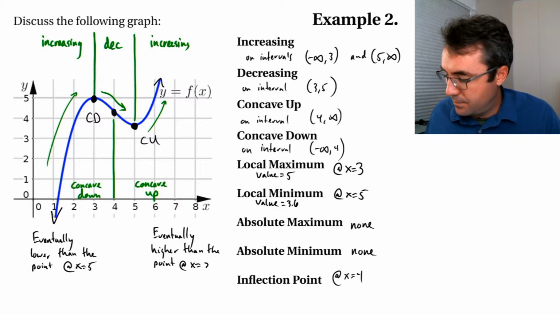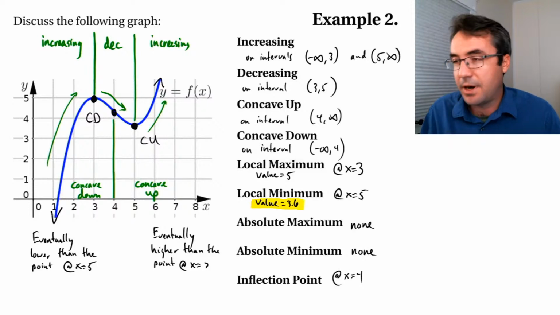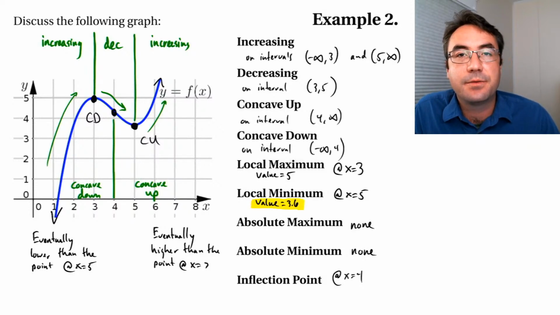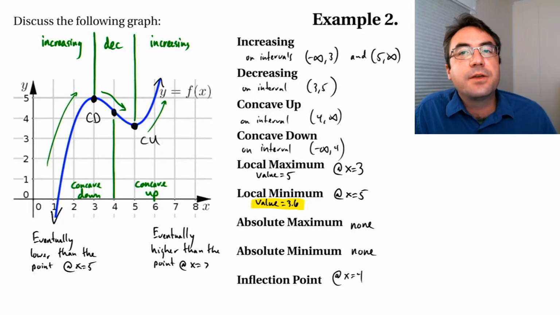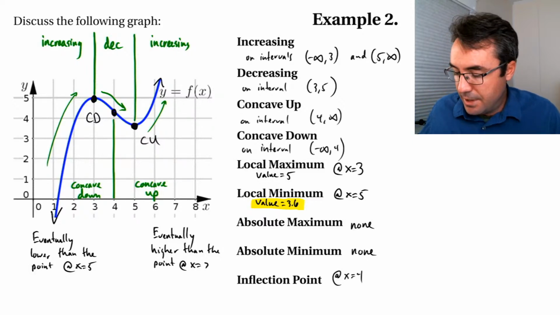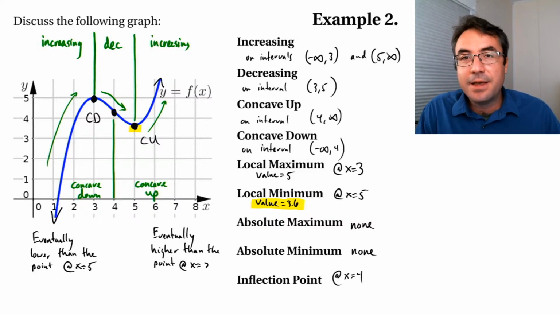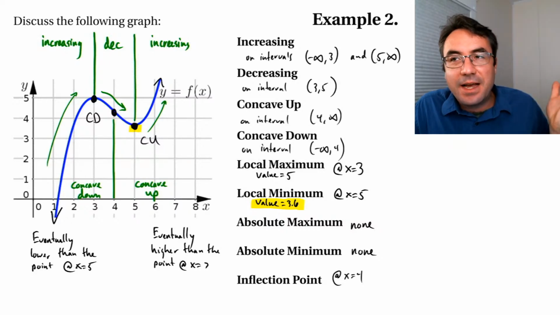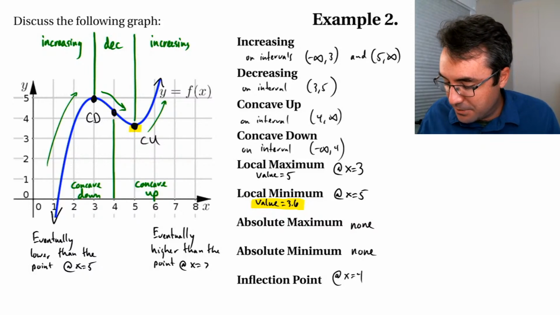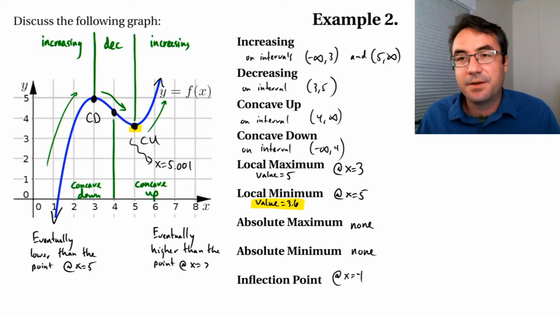Particularly noticeable right here where I said this was approximately 3.6. So when we read a graph, all the values that we're reading, we're really just approximating. So we don't know exactly. Even the x values here, these all happened at grid lines, most of these. So maybe this point here, these are kind of thick lines, so maybe this is actually at x equals 5.001.